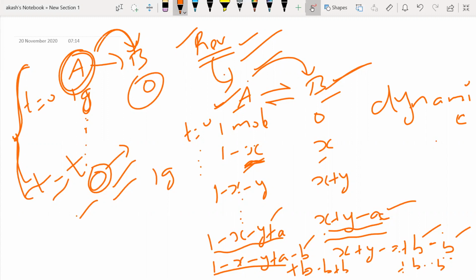So hope you understood what exactly is happening here. So this is the point where I say the equilibrium has been reached, and whatever concentration, whatever number of moles I have, those are called the equilibrium concentrations of the reactants and products, or the equilibrium number of moles of reactants and products.